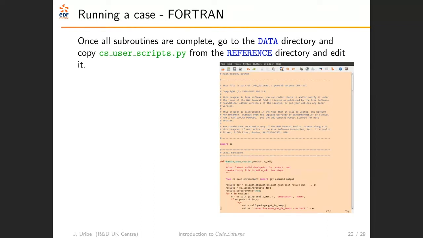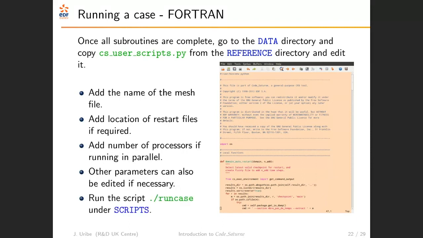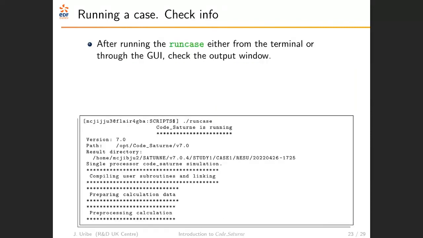So things like where to find the restart file, or which run to use to restart from, or where to find the mesh files or something different. You can set it up manually there without actually having to open the graphical interface.